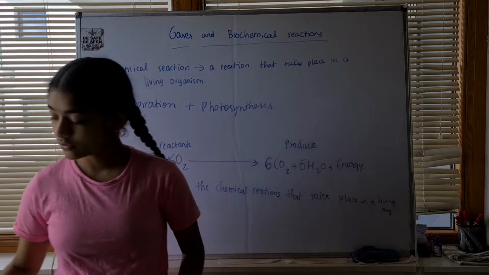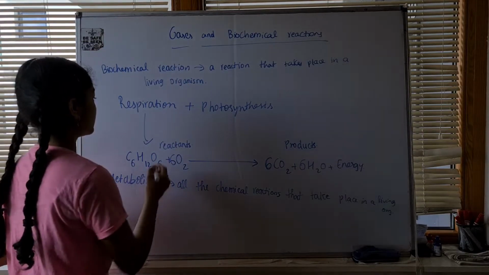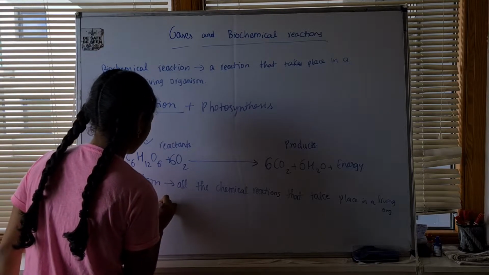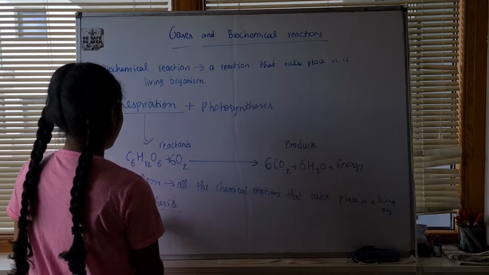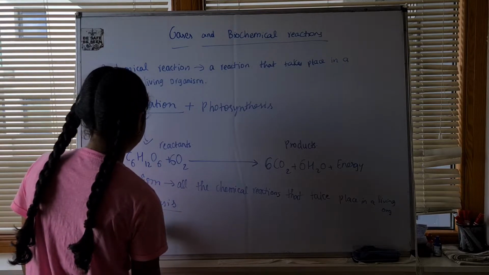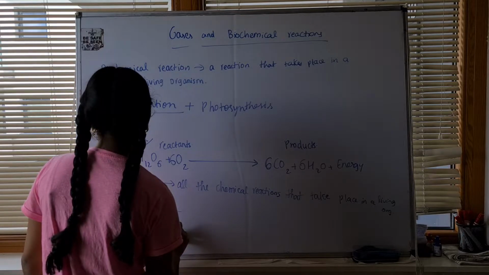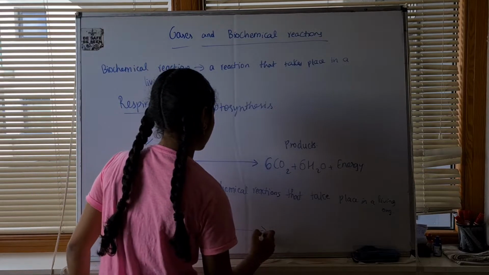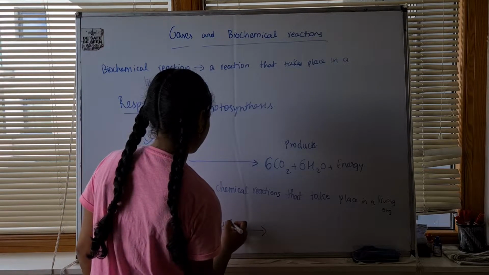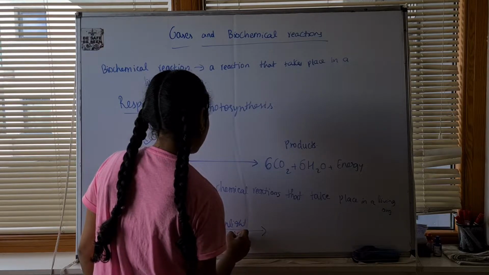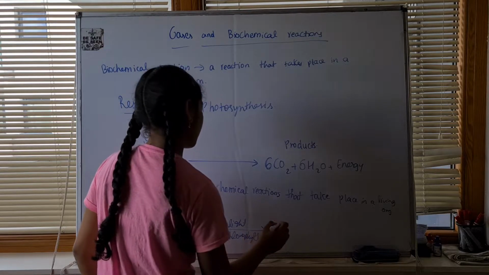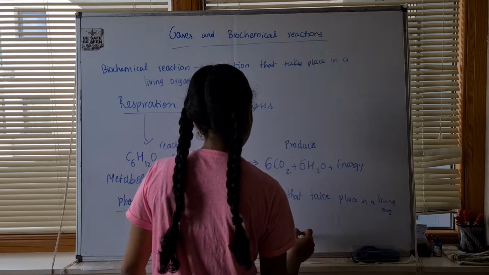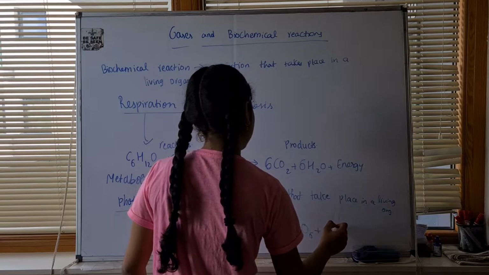So, these two biochemical reactions we're going to talk about are respiration and photosynthesis. The chemical reaction for photosynthesis: 6CO2 plus 6H2O, in the presence of sunlight and chlorophyll, gives rise to C6H12O6 plus 6O2.